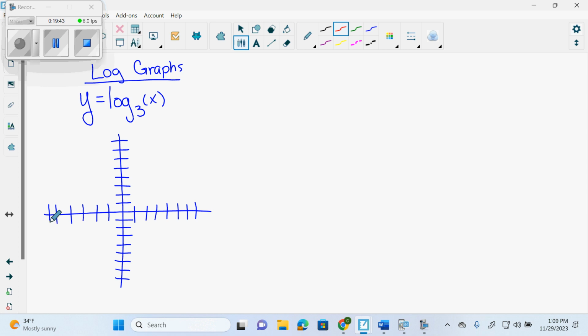So if I go second trace value 1, I get 1 and 0. Then I do second trace value 0.75, because I have to get closer, and I get negative 0.26, so it's here. Value 0.5, I get negative 0.63.